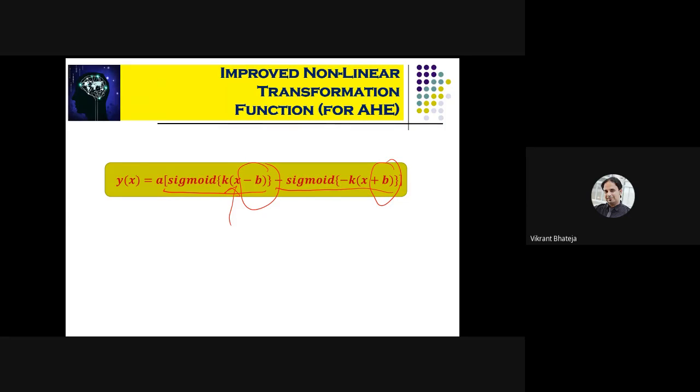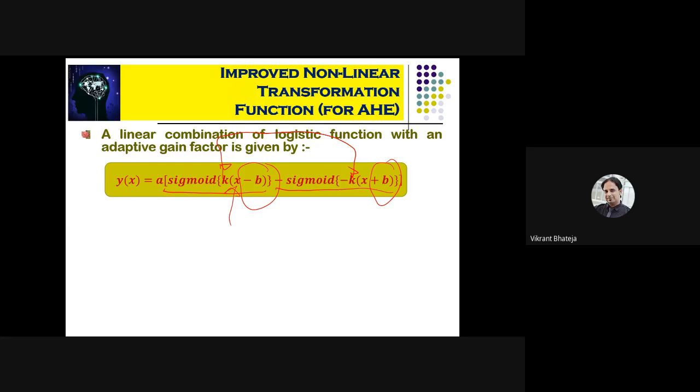With this b component, you are trying to control the threshold of the overall process, and there is another variable included here, known as k. So k multiplies the pixel values, which means it amplifies the contrast of the image. So the b component controls the threshold, and the k component controls the enhancement.